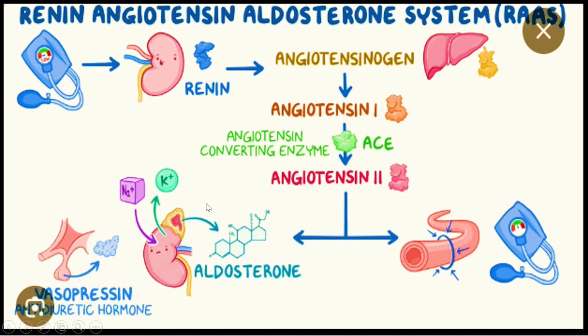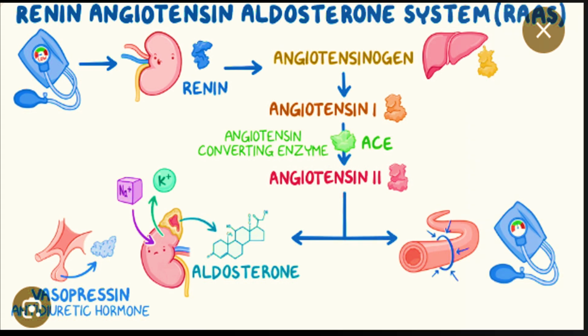At the same time, the adrenal cortex also helps to increase the blood volume by retaining the salt in the kidneys, and it will excrete only the potassium. So vasopressin, the antidiuretic hormone, is produced by the pituitary gland. If you just look into it after this, you'll be able to understand it better.